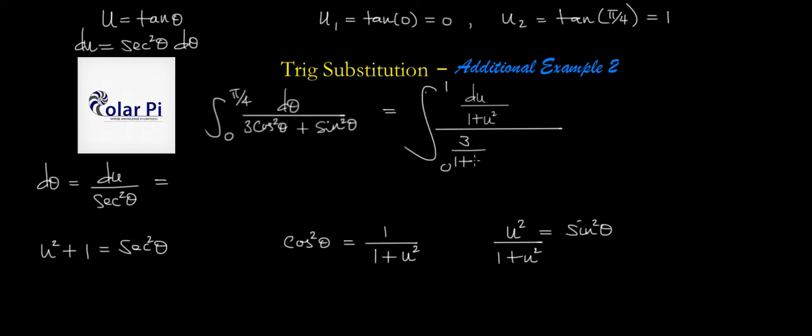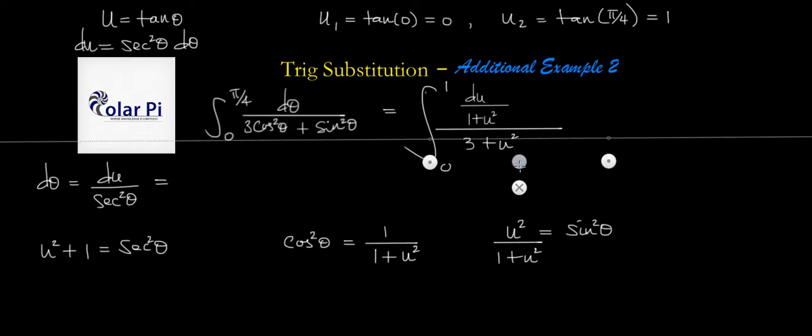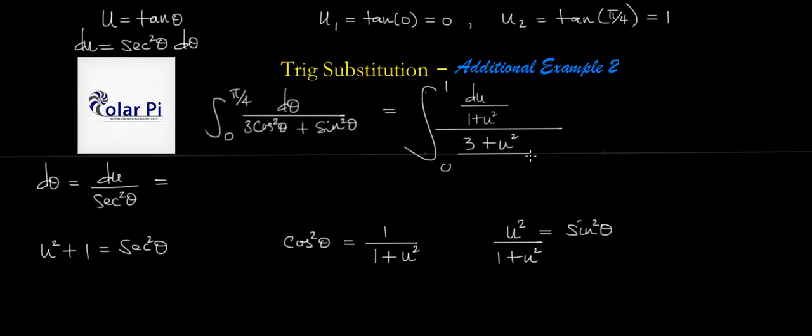And then plus sine squared, which is u squared divided by 1 plus u squared. But notice here I could just add them together and write 3 plus u squared divided by 1 plus u squared. I prefer to write that.